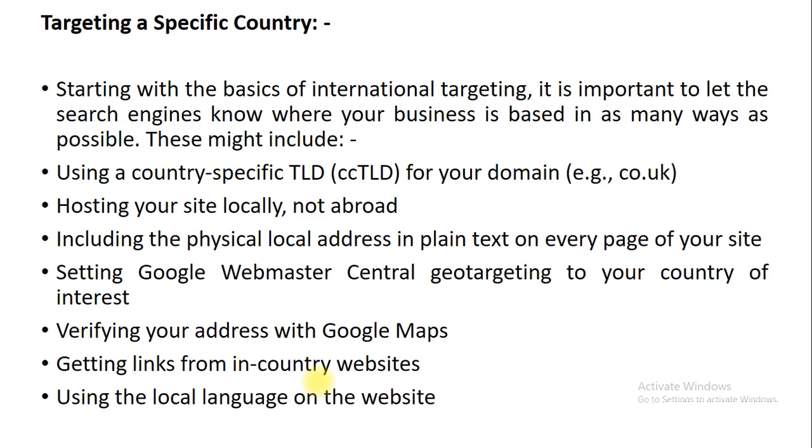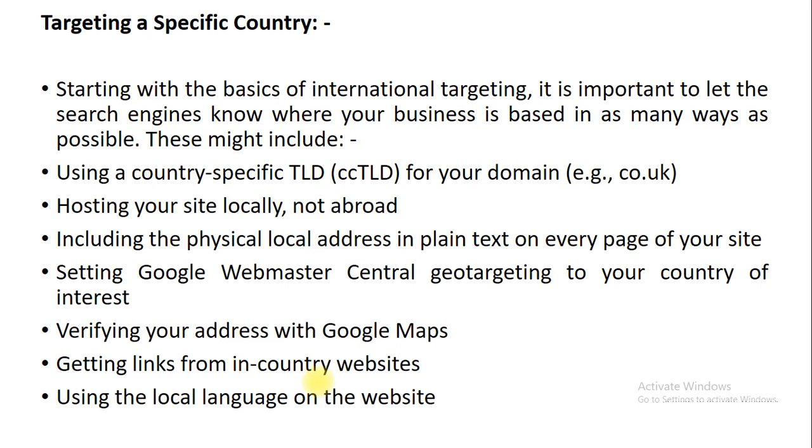Next is verifying your address in Google Maps, so that if anyone does not know the exact location of your business, with the help of Google Maps, when you have verified your address, it will give a recommendation to other users who are searching for the product or business.